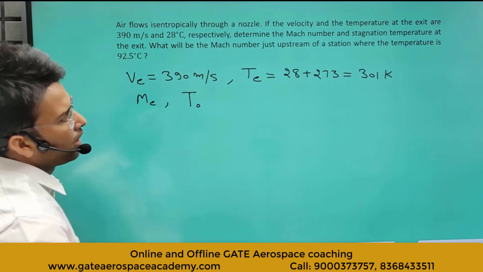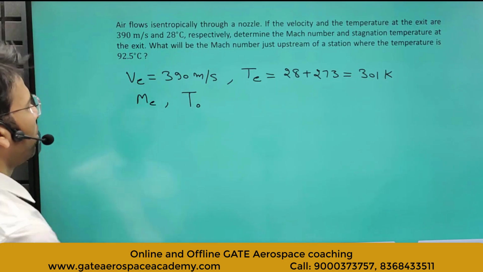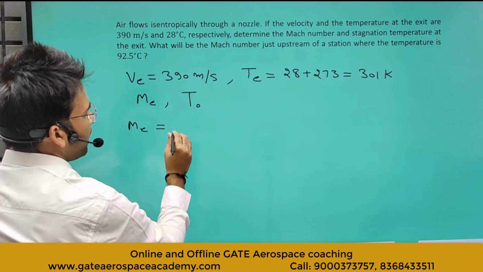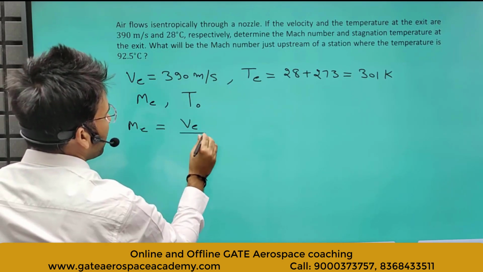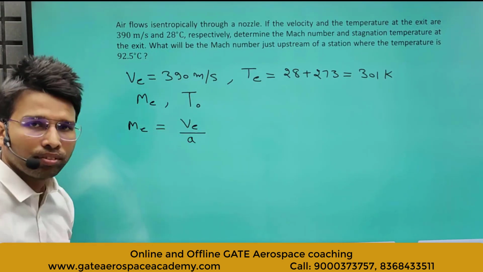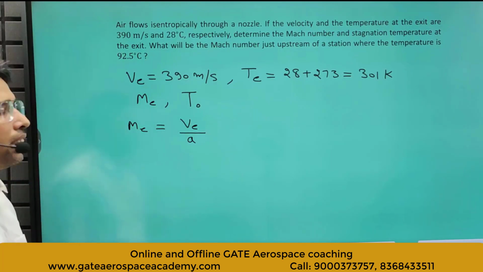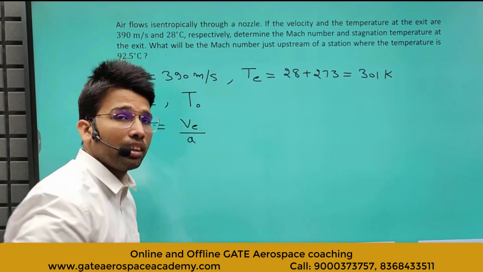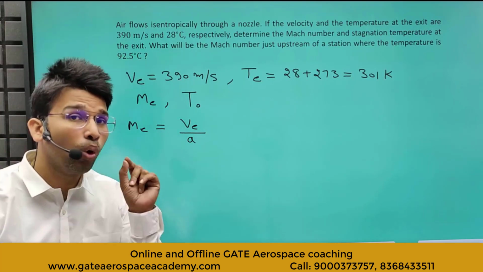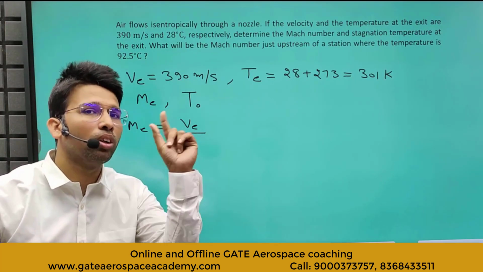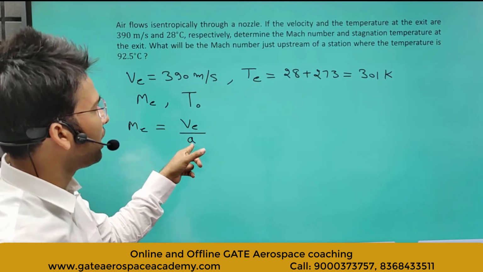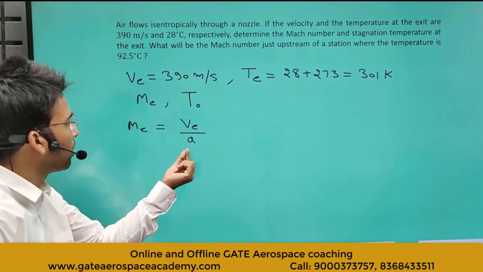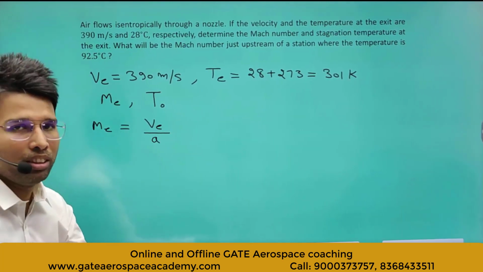So we have TE and we have V. So for Mach number, M exit is VE divided by A, right? What is this A? In the definition of Mach number, A is the local speed of sound. Why are we using the word local? Because if we are finding the exit Mach number, A will correspond to the exit location.